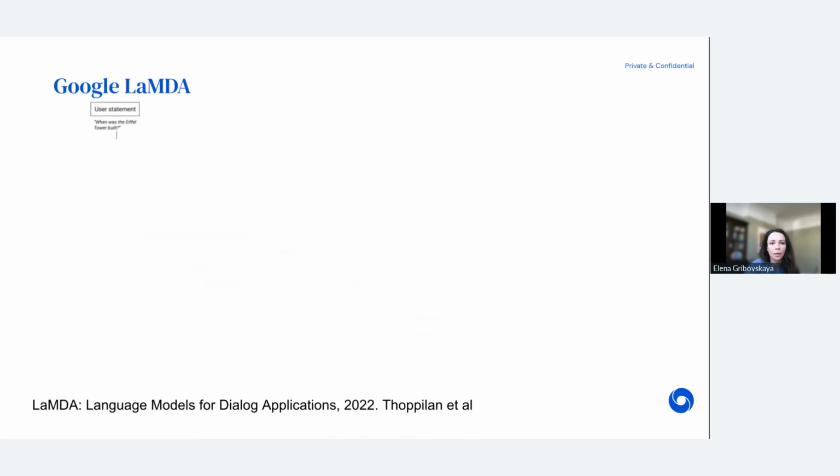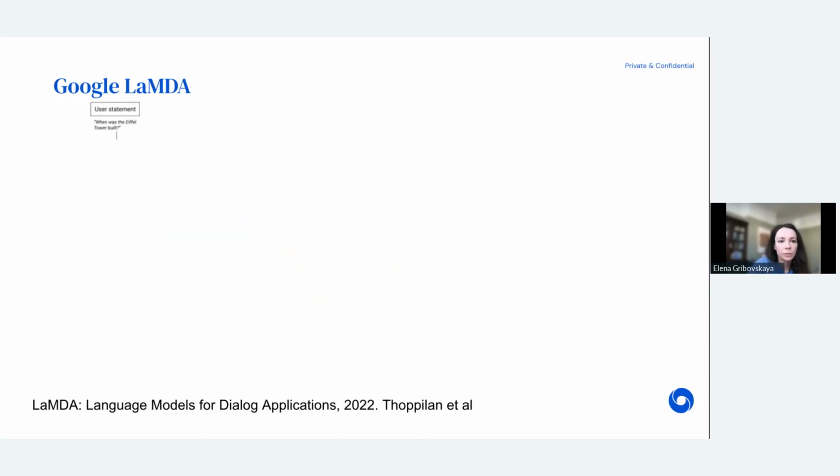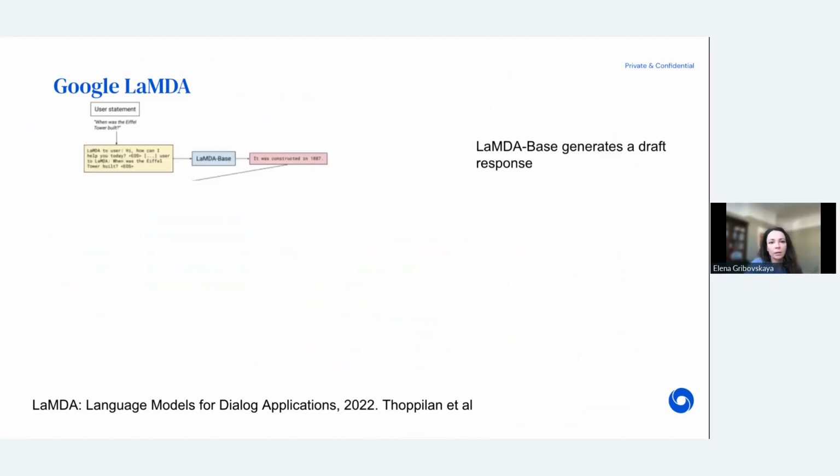We start with a user question: when was the Eiffel Tower built? There are several flavors of LaMDA. There's LaMDA base, which does not have access to any external knowledge and, essentially, as a parametric model, generates a draft response.